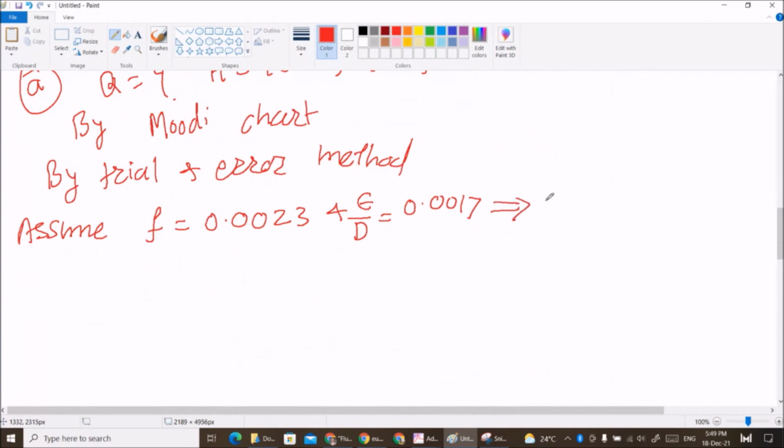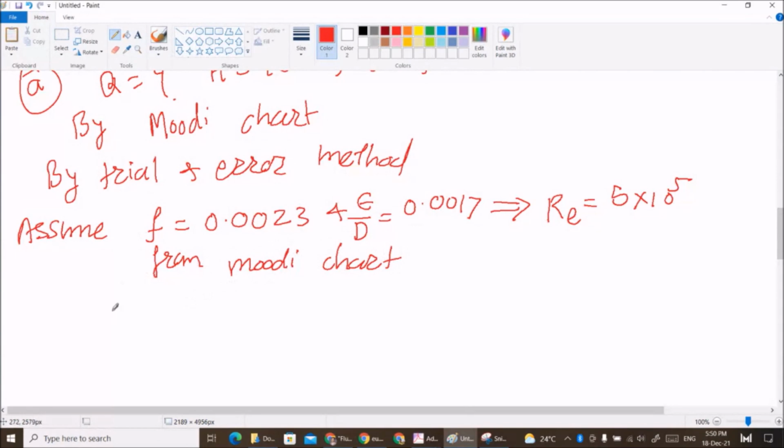We get a Reynolds number of 5 into 10 to the power 5. Okay, so this we get from the Moody chart.